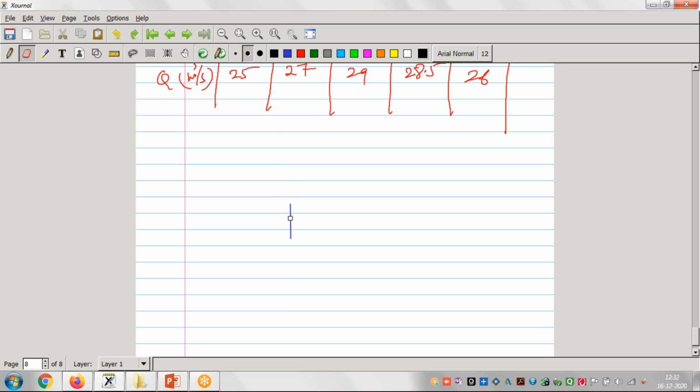Here I have taken the x-axis and the y-axis, right?